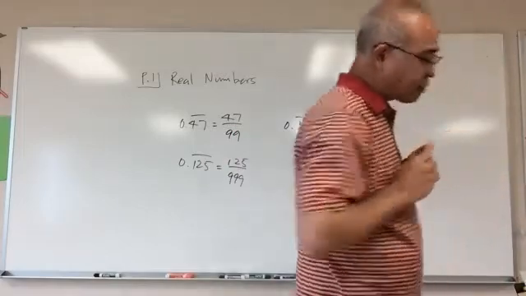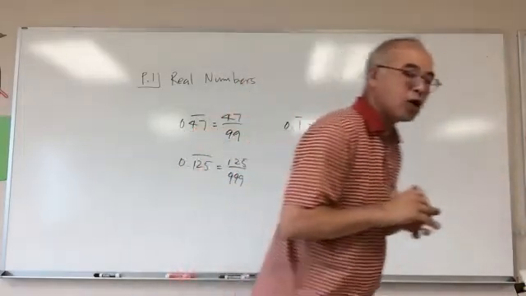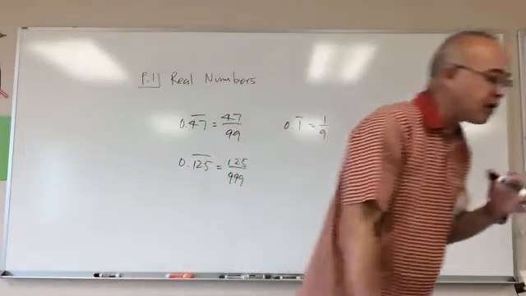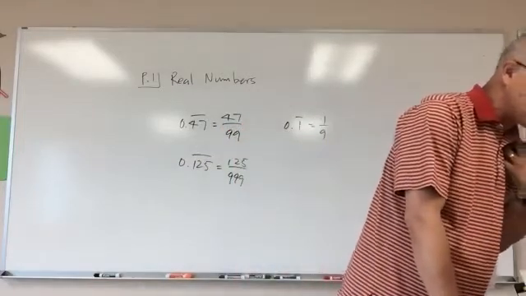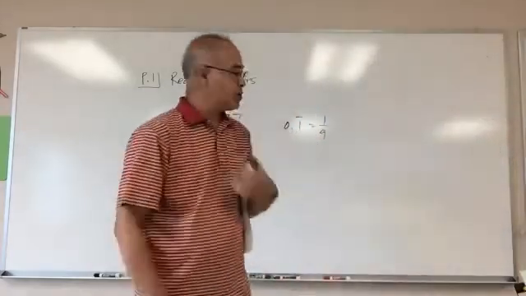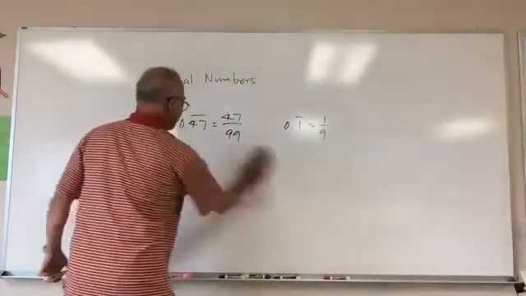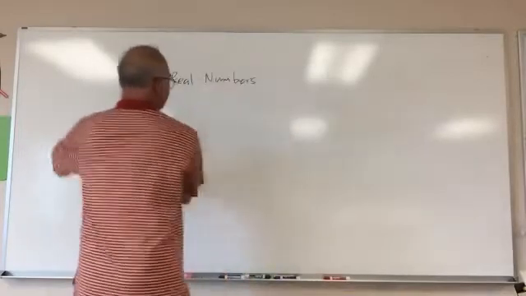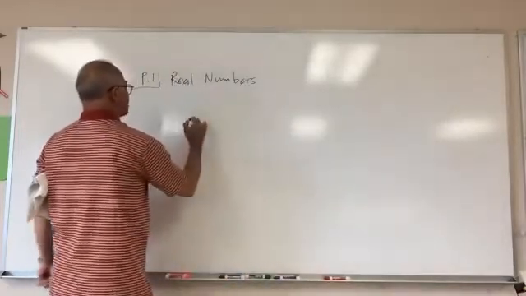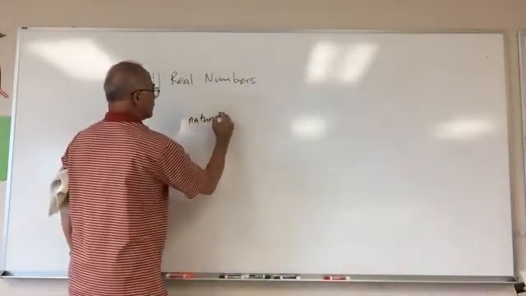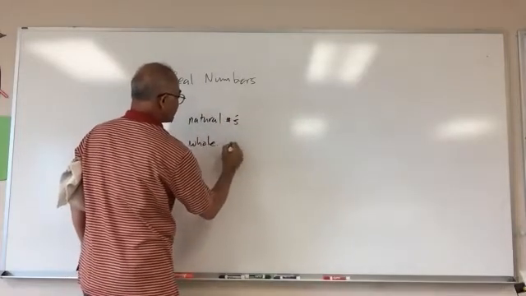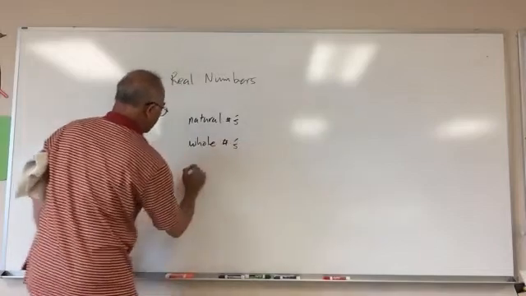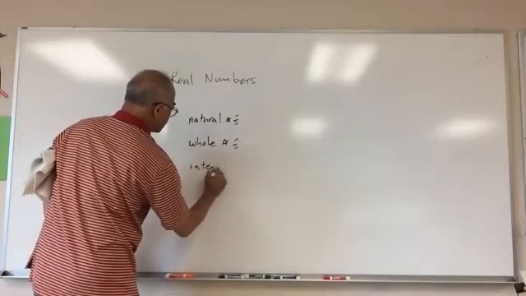Okay, so we talked about the numbers. If you look at the very first page, there's what is called the natural numbers, whole numbers, and integers. Okay? So we have natural numbers, we have whole numbers, integers.